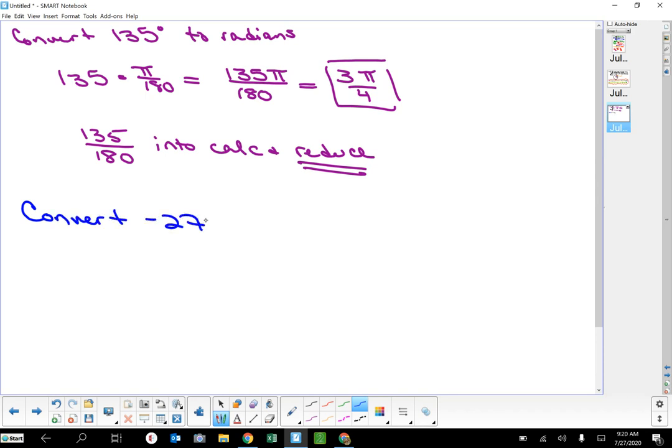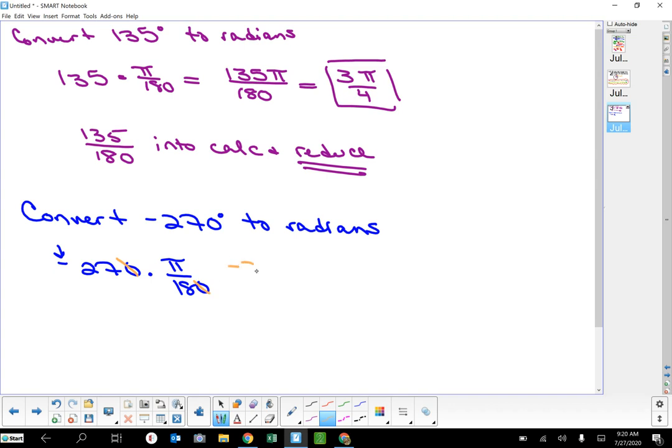Convert negative 270 degrees to radians. So you take the negative 270, you really don't even have to deal with that, and just put it on your answer. We're going to take 270 times pi over 180. You probably know the trick where if you have a 0 on the end of each of these, you can just slap the 0 off.